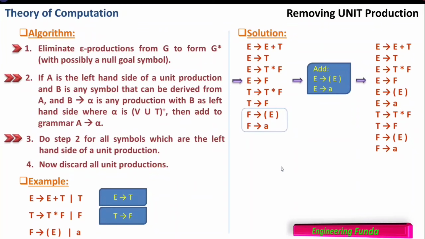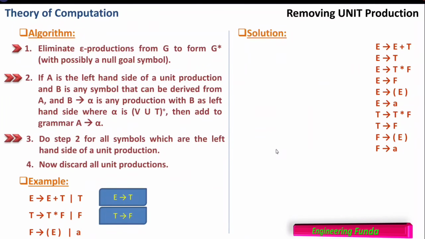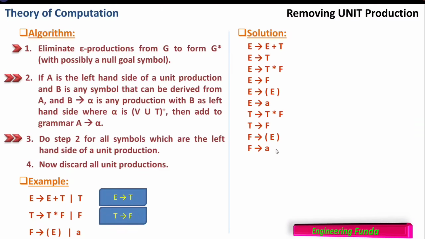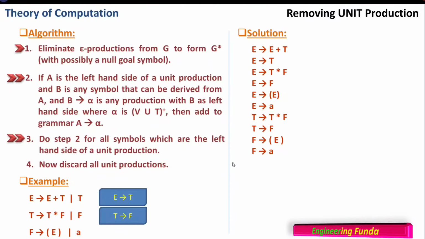Again we have to repeat step number 2 for the unit productions which remain. We have processed E tends to T, and we have processed E tends to F. Now we have to focus on T tends to F. Finding the productions where F is on the left hand side, we can see there are 2 productions here.